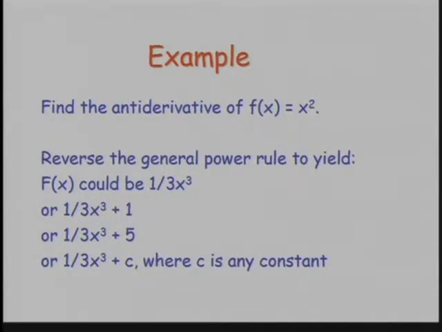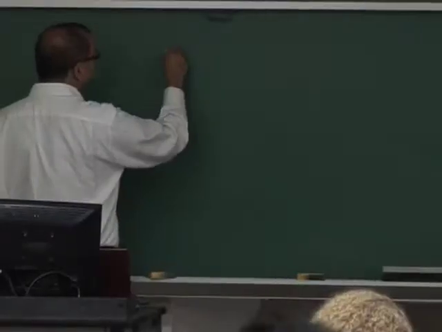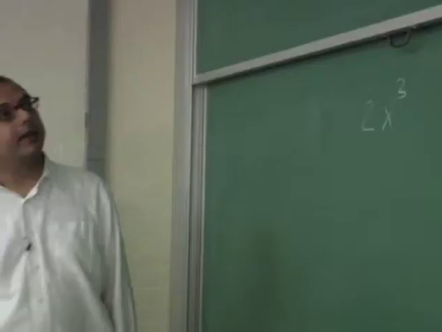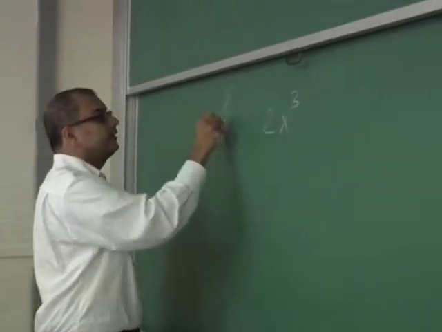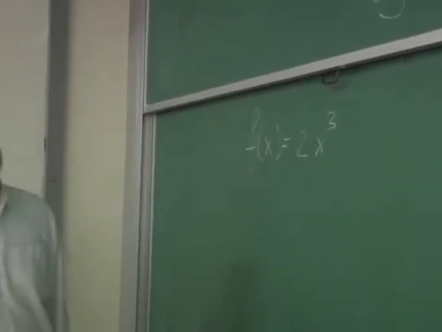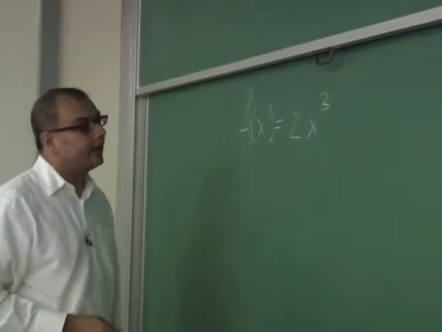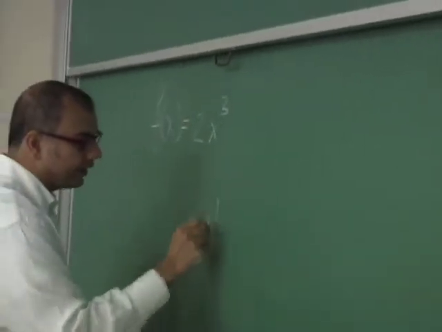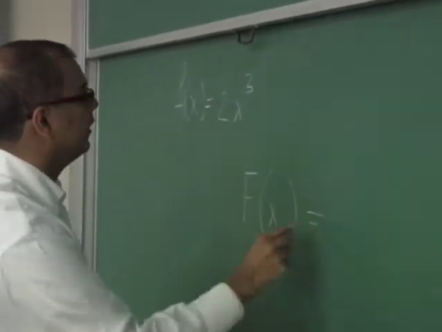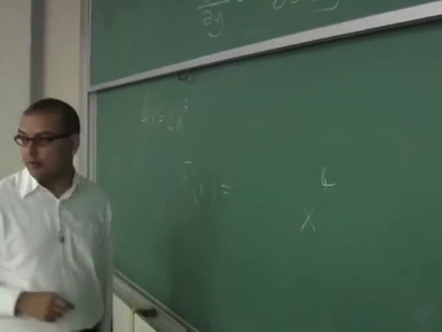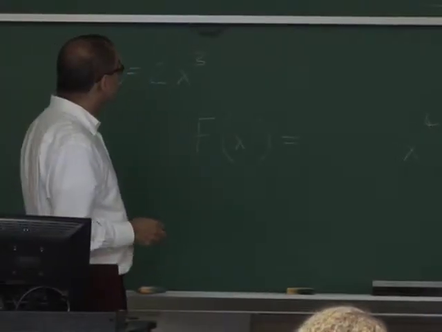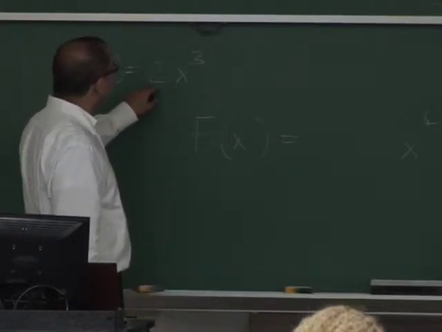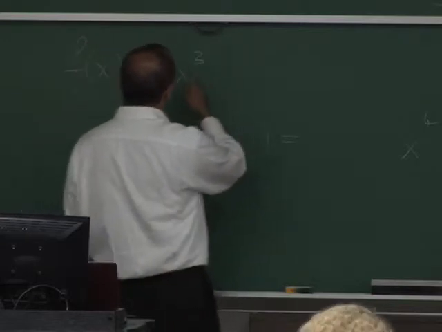So instead of x squared, let's suppose that we have 2x cubed. Okay? And that is the derivative. So now I know that's the derivative, so I've got to go up 1. So f(x) has got to have a 4. Then I'm looking to divide.